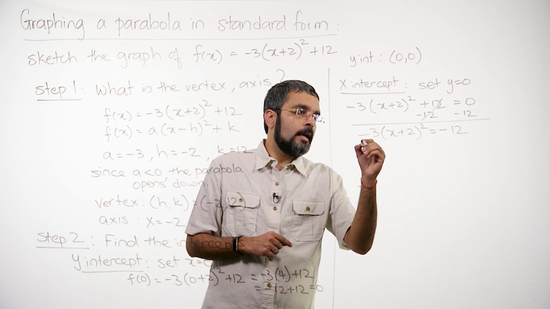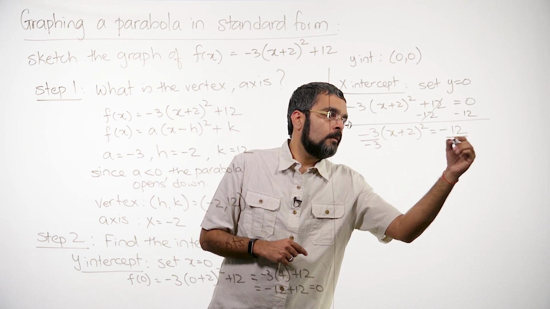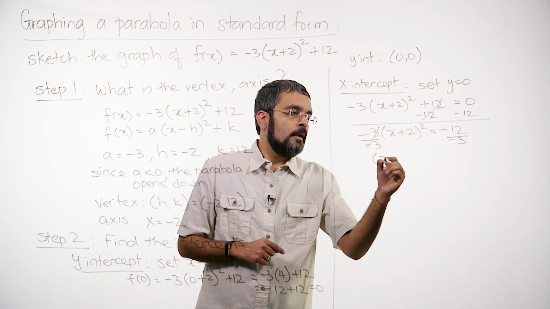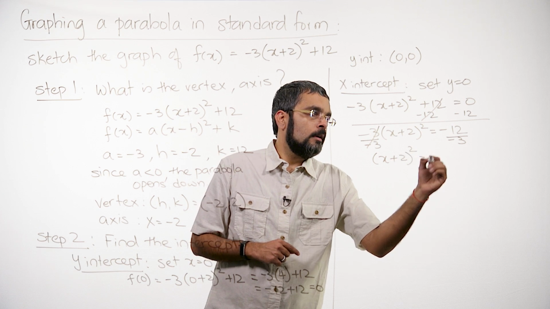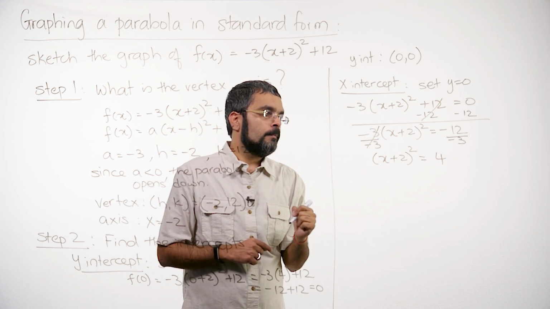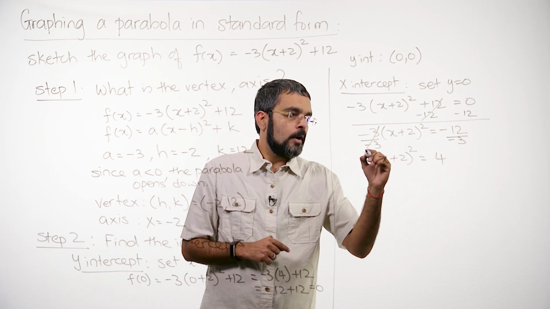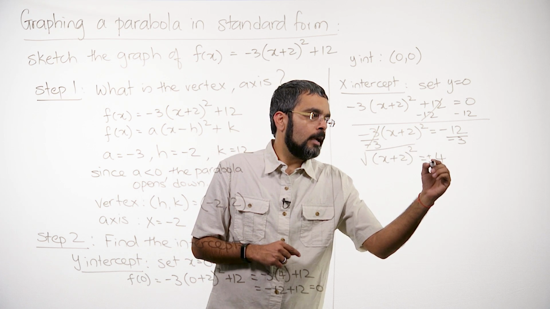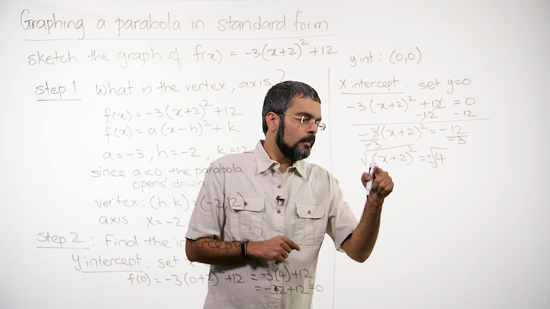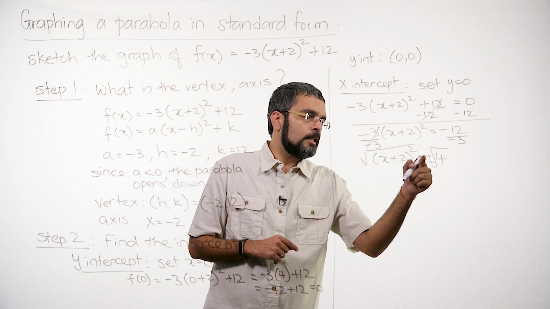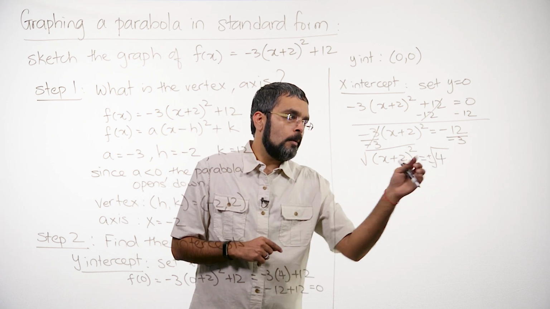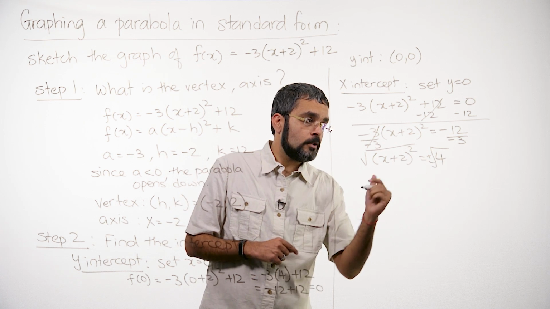Divide by negative 3, and I get (x plus 2) squared equals 4. If I take the square root on both sides, I get x plus 2 equals plus or minus the square root of 4. Remember, don't forget the plus or minus. It has to be plus or minus.